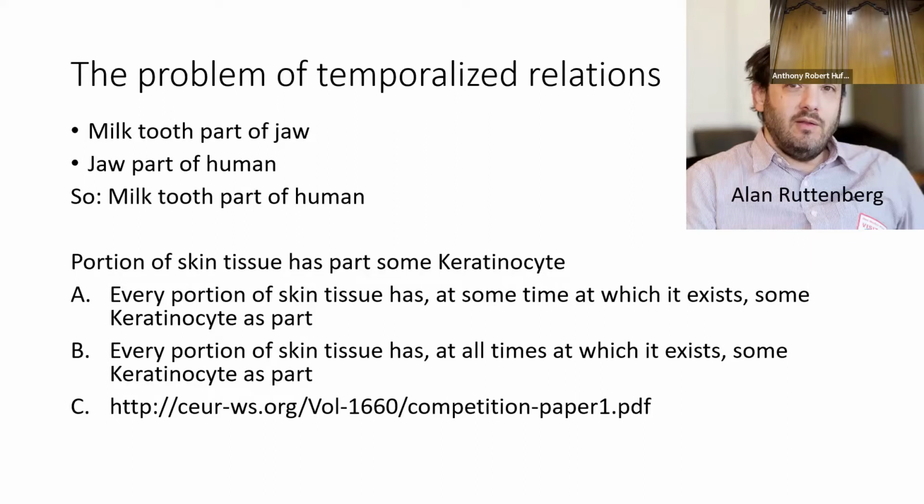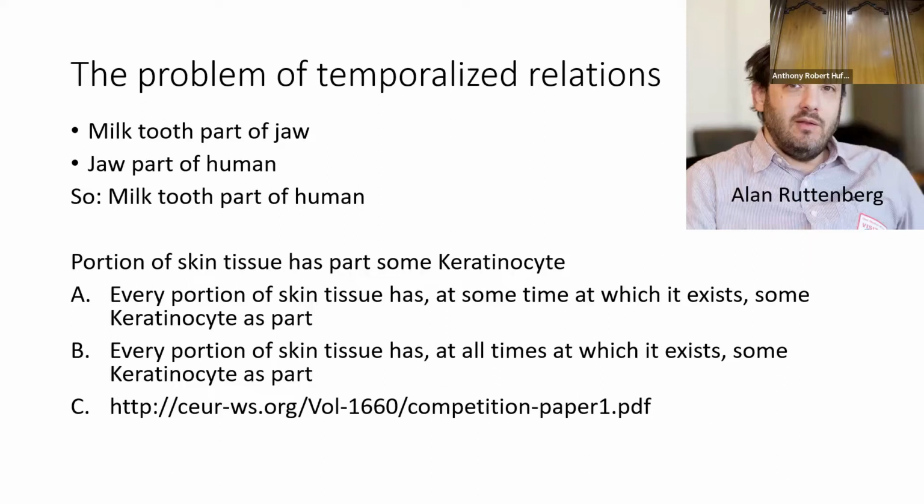But you see the kind of problem that will arise when entities gain and lose parts at different times. It may be that A is part of B holds at only one time, B is part of C holds at only another time, and so you don't have transitivity. And OWL can't fix that because OWL can't capture 3-place relations.